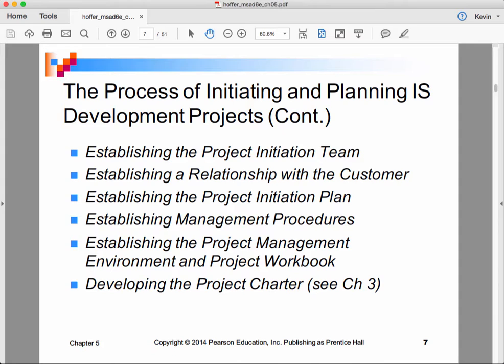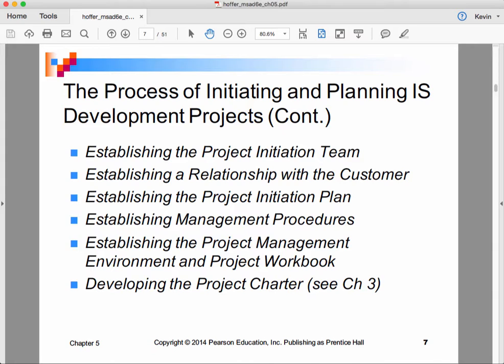Establishing a project initiation team, establishing a relationship with the customer, establishing a project initiation plan, establishing management procedures, establishing the project management environment and workbook, developing a project charter. Now these are all things that are expressed in terms of the traditional approach.